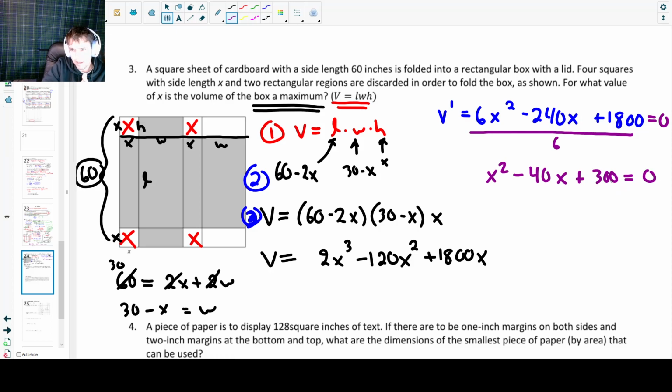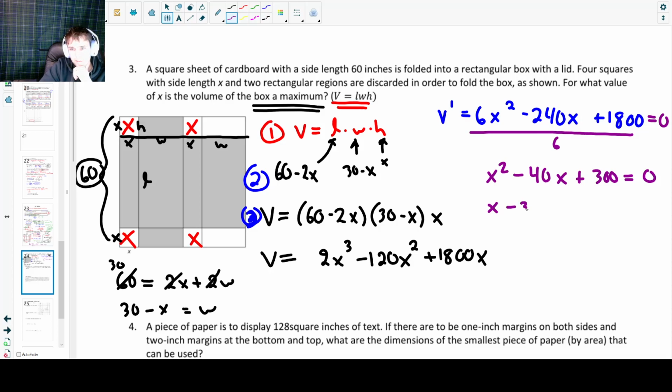Two numbers that multiply to 300 and add to negative 40. 300 is 30 times 10, and so that works.